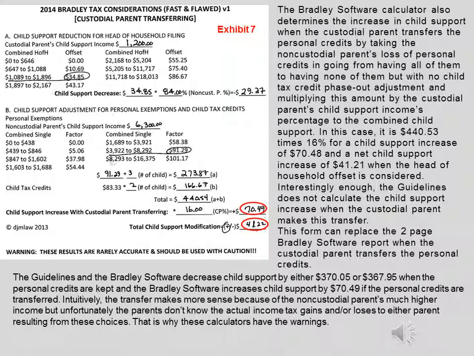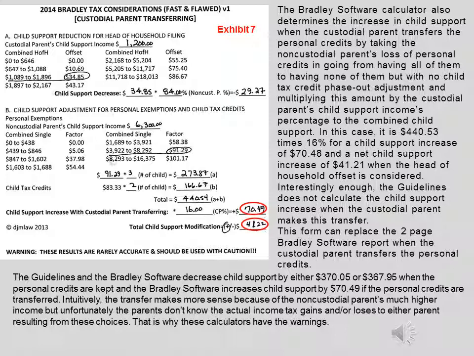The guidelines and the Bradley software decrease child support by either $370.05 or $367.95 when the personal credits are kept, and the Bradley software increases child support by $70.49 if the personal credits are transferred.